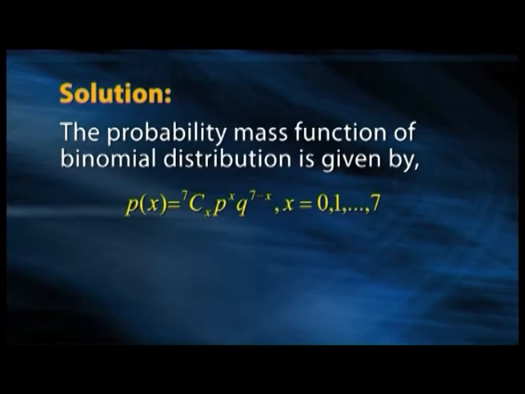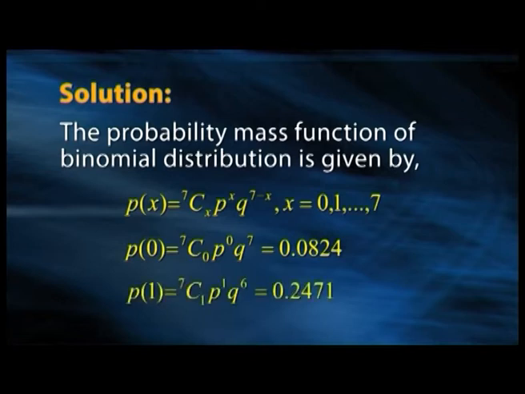Here P of 0 is equal to 7C0 into p power 0 into q power 7, which is equal to 0.084, and P of 1 is equal to 7C1 into p power 1 into q power 6, which is equal to 0.2471.